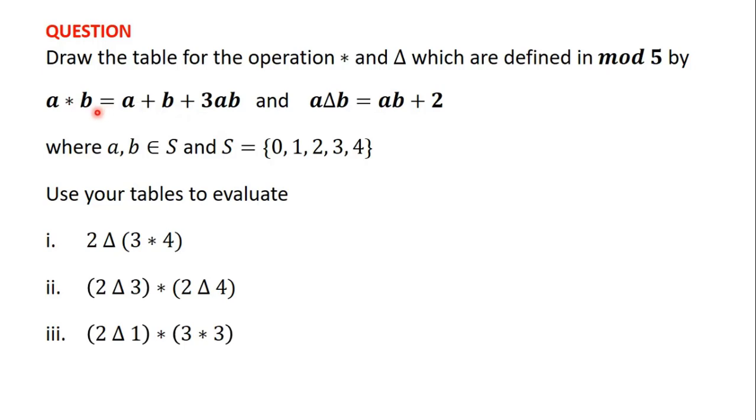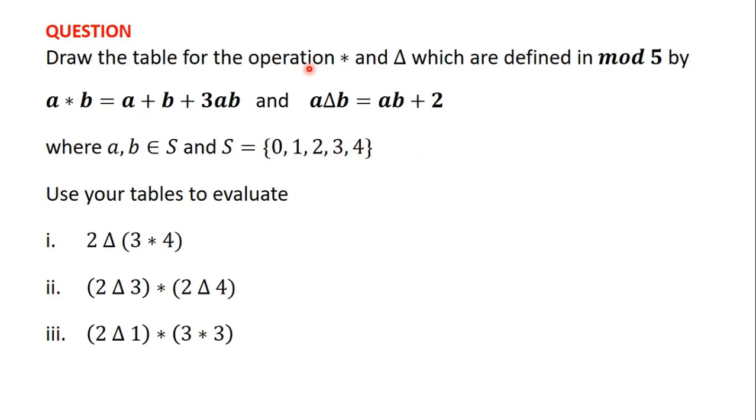We will draw one for star, which is defined as a star b is equal to a plus b plus 3ab. And then we will draw another one for delta, which is defined as a delta b is equal to ab plus 2, where a and b belong to the set S, and the set S is given as 0, 1, 2, 3, 4.